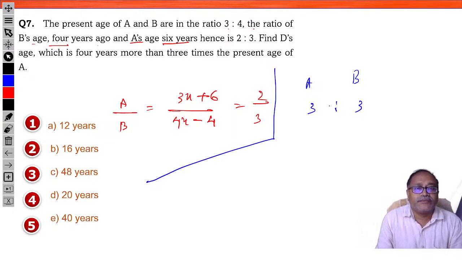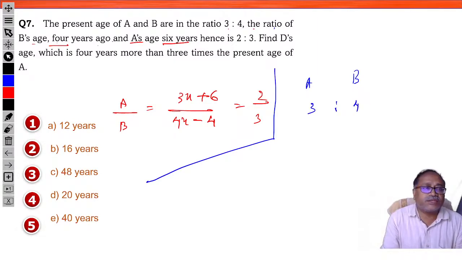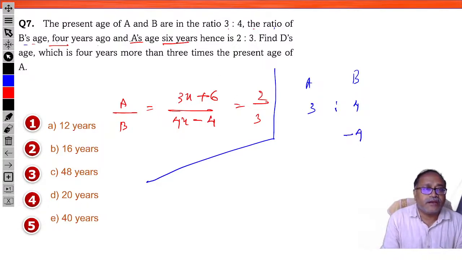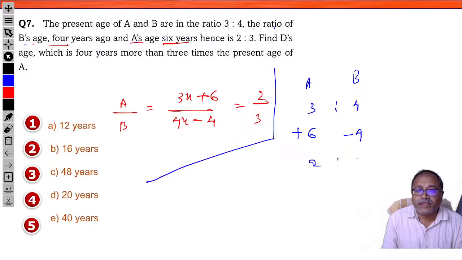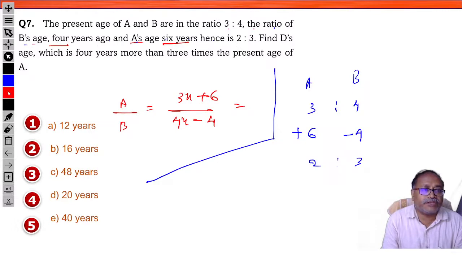That is 3:4. And it says the ratio of B's age 4 years ago, B's age minus 4 here, and A's age 6 years hence becomes 2:3. So what we will do here, B is 2. Here also we made the same mistake.